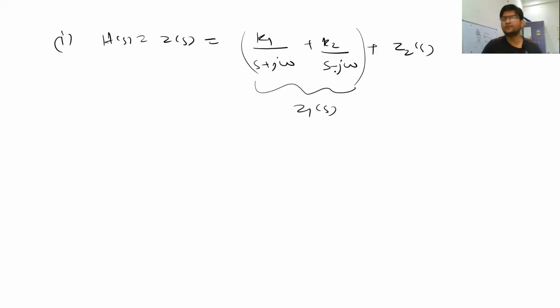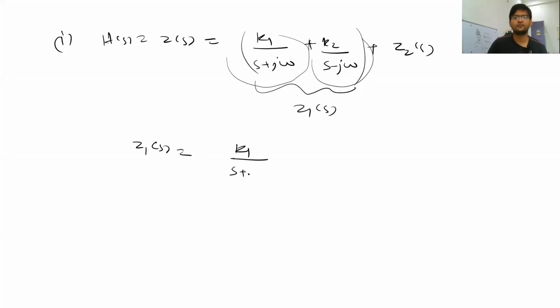You have to remove these, so you have to represent these in physical form. You know that this is an impedance function, and also it is the summation of two impedance functions, right? So let us only discuss Z1(S), which is K1 upon S plus j omega plus K2 upon S minus j omega.